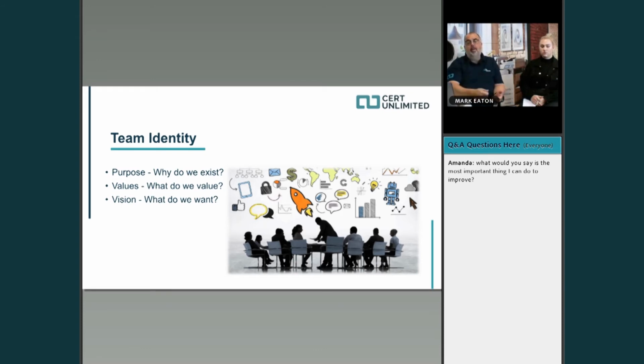Purpose. Why does your team exist? What's its overall purpose? What's it there to do? And that will help you with things like team membership, because you'll need the skills to be able to do it. Values. What are the values of your team? I used to work with a colleague, and one of his favourite things to do was create team agreements.